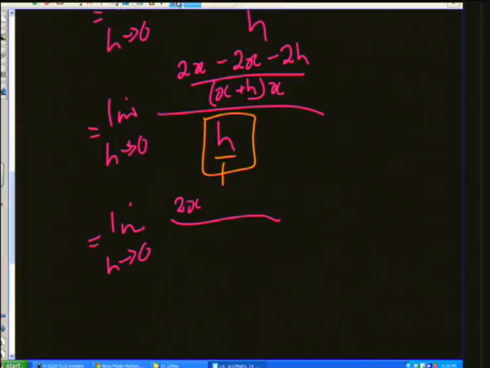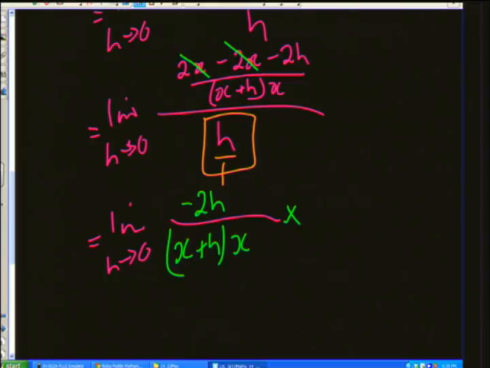There's something that I can cancel out. So be very careful. Look for those things that you can cancel. What am I left with on the top line then? Minus 2h. And can you see what's happening? I invert, minus 2h over x plus h times x, and times this by 1 over h.